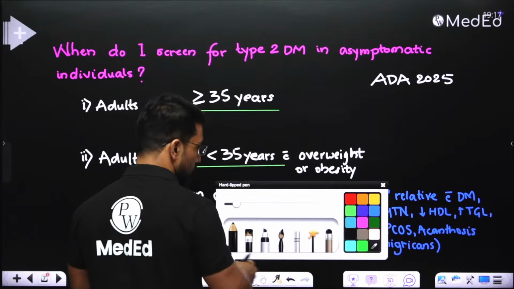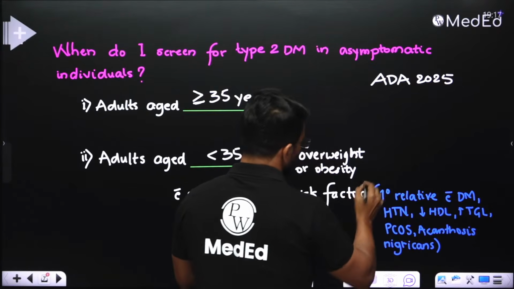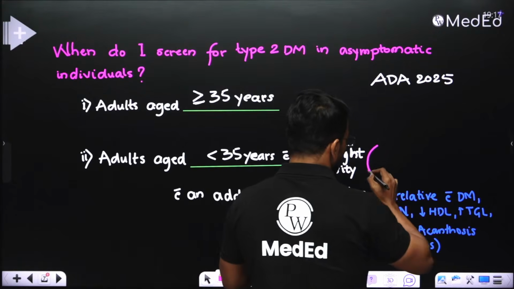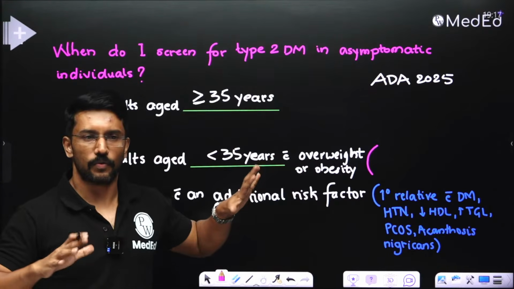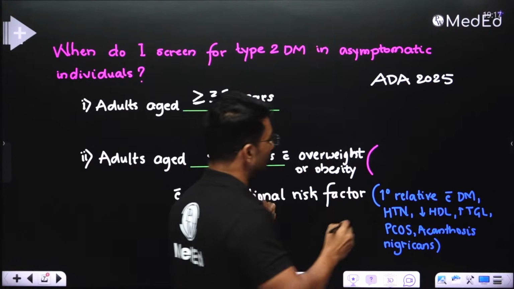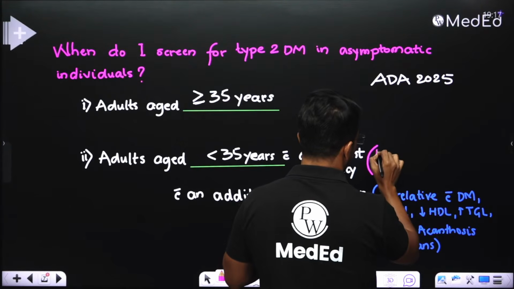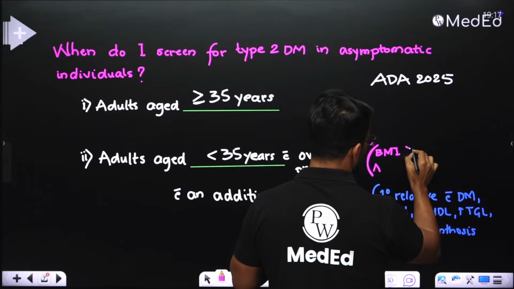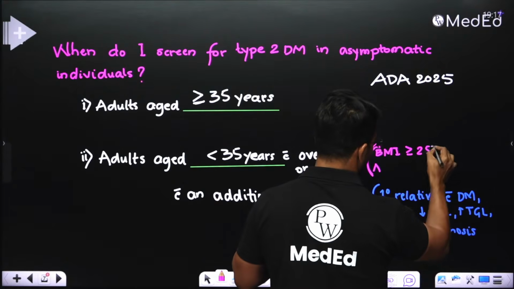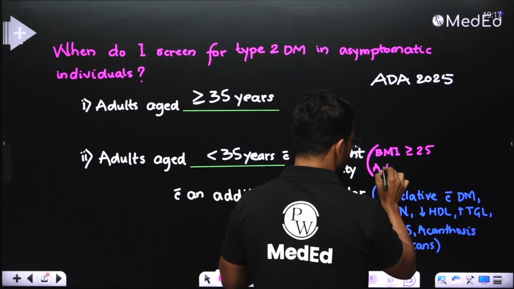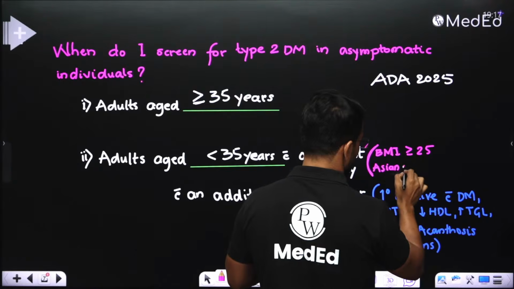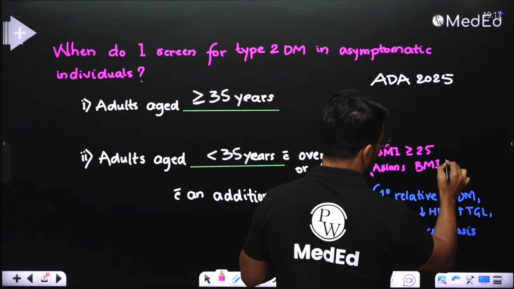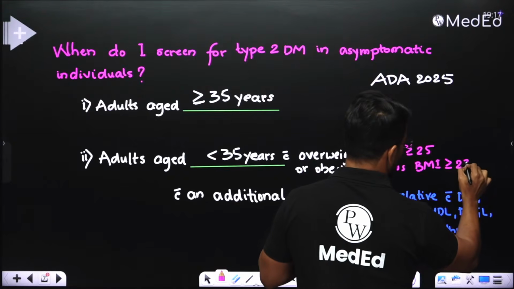Again, when I say overweight or obesity, please remember when I should consider them for screening. For the rest of the world, BMI more than or equal to 25, and for Asians, BMI more than or equal to 23.